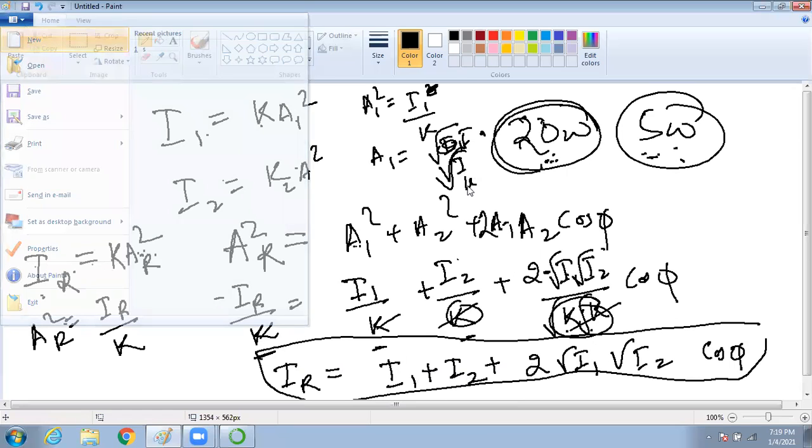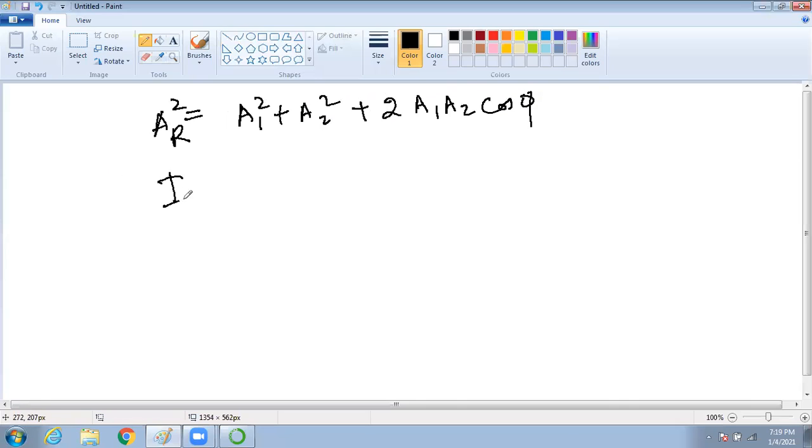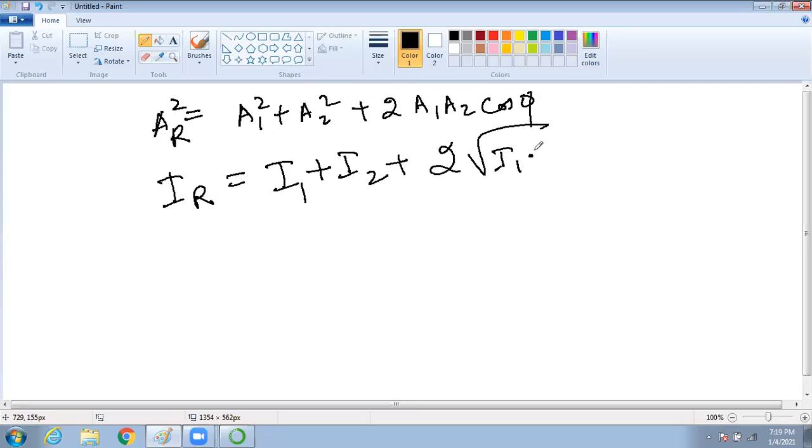So we saw two formulas. One is AR square, which is A1 square plus A2 square plus 2 A1 A2 cos phi. And IR is I1 plus I2 plus 2 root I1 root I2 cos phi. So this is for amplitude, this is for intensity. Correct or not?